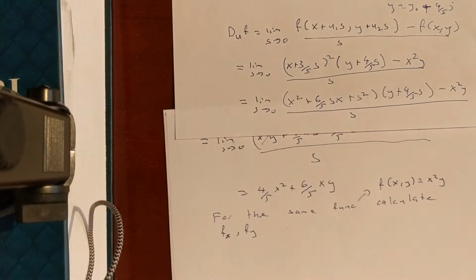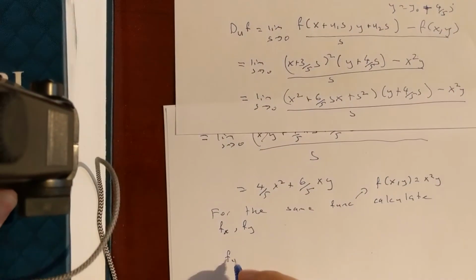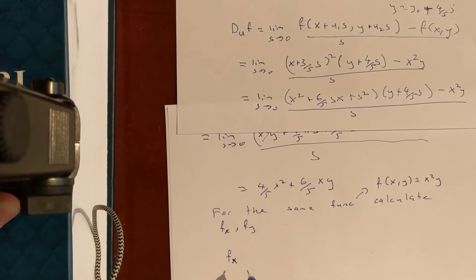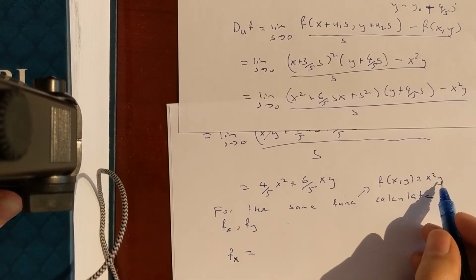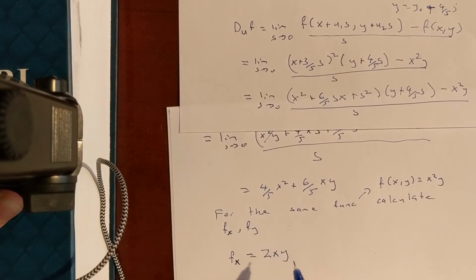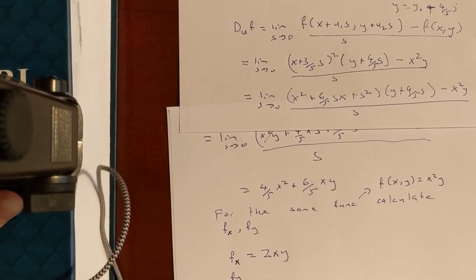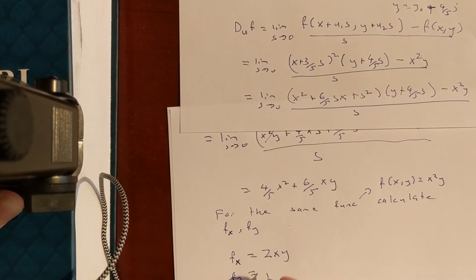Now, this is easy. We already learned this. I'm just going to treat y as a constant now, so f sub x is just going to be 2xy. And f sub y: now I'm going to treat x squared as a constant. So it's constant times y. The derivative of y is just 1. So it's just going to be x squared, right?